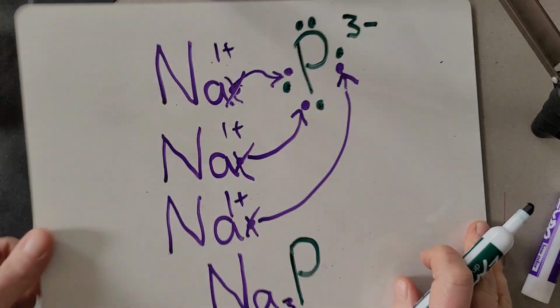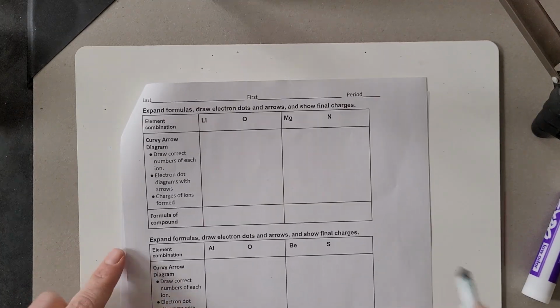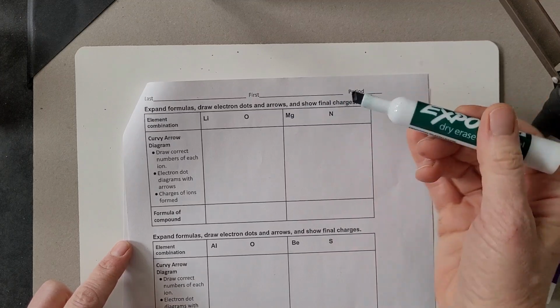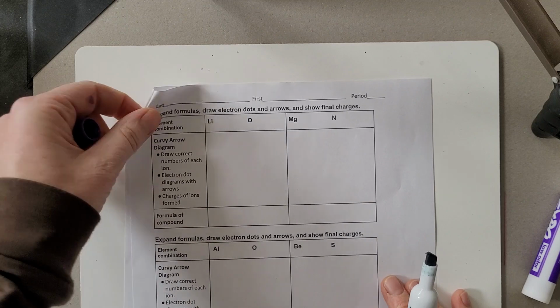One more example. We'll do an advanced example now. And so this one is going to be another 3:2 ratio here, magnesium and nitrogen. My charges right now are going to turn out to be 3:2, but my formula will also be 2:3 then. All right.